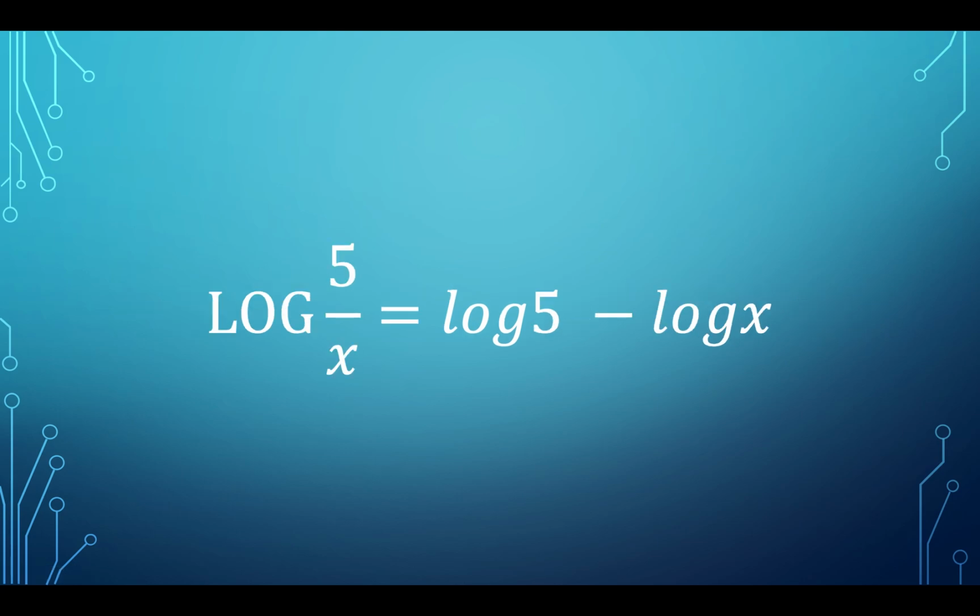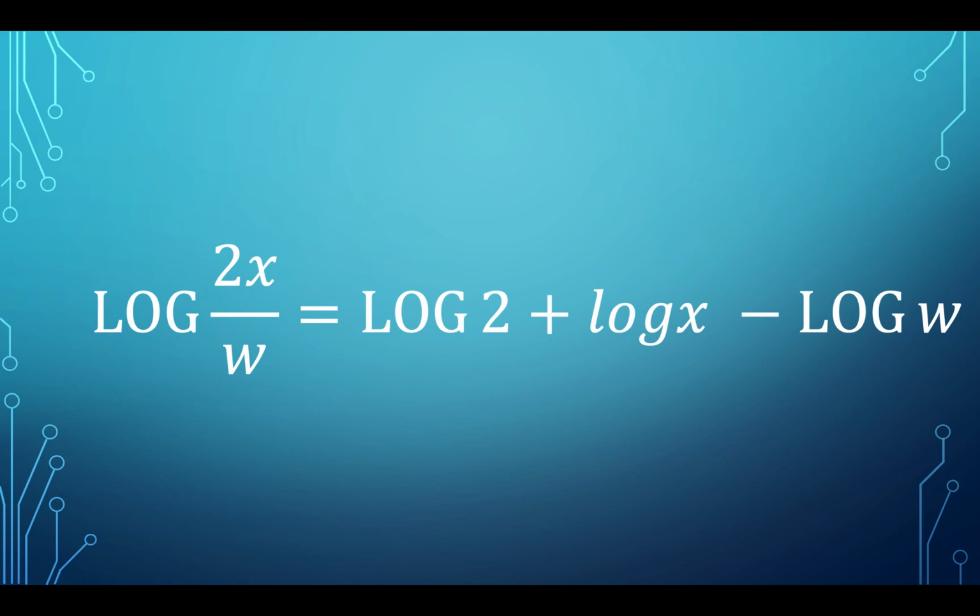Now how about if I have log of 5 over x? Well, what is this here? We have a fraction. So we're going to do the numerator minus the denominator. So we're going to do log 5 minus log x. Now what happens if I have log of 2 times x over w? Well, here we have 2 times x, so that's going to be the addition, and the second we have division, it's what?